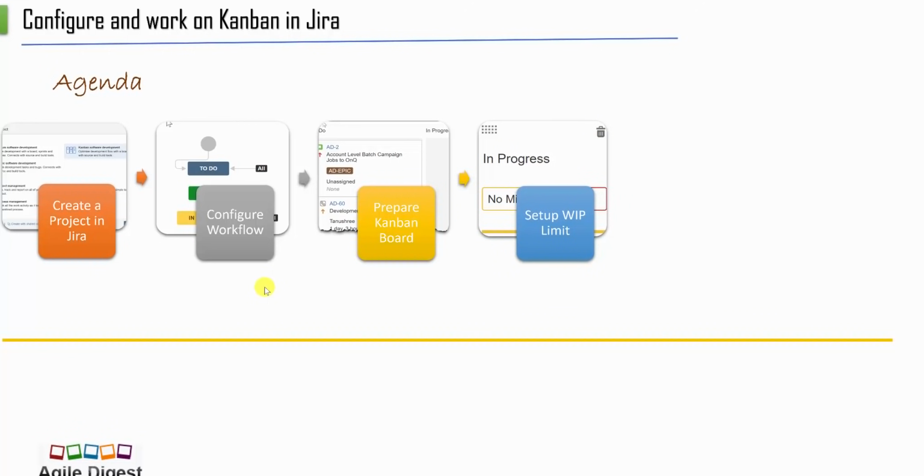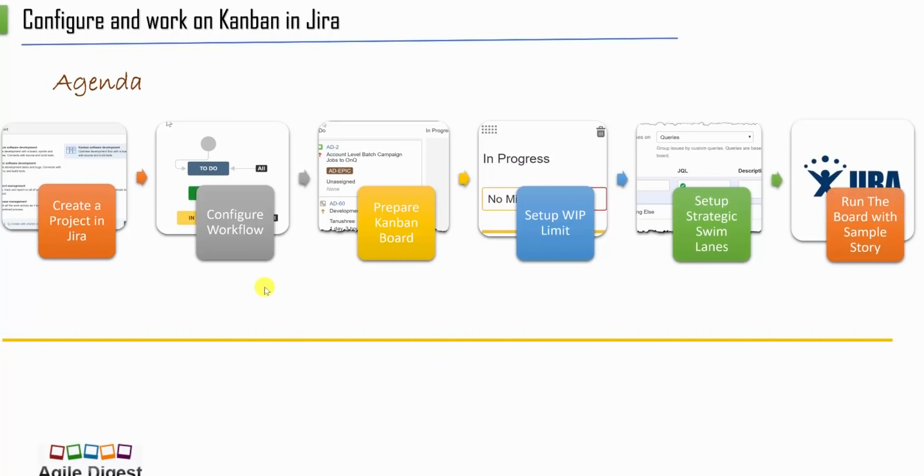Once you get to know all the basic concepts of Kanban, you will be able to relate to these steps, and I am assuming you already have an idea of what the board will be and what the setup on the WIP limits and columns will be. Then we will also prepare some strategic swim lanes, and finally we'll show how we can run the Kanban board within Jira. Okay, let's begin and jump into Jira and see how we can configure it.